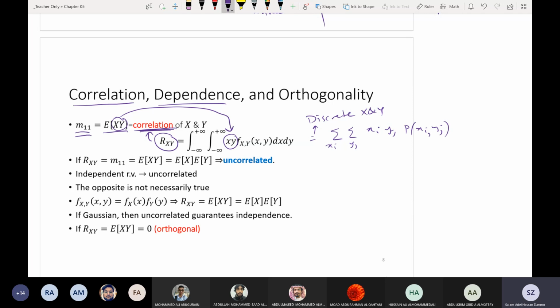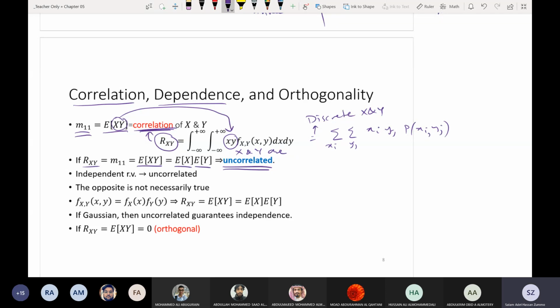Now, if Rxy, which is the expected value of x multiplied by y, equals the product of the expected value of x alone multiplied by the expected value of y alone, then x and y are said to be uncorrelated.